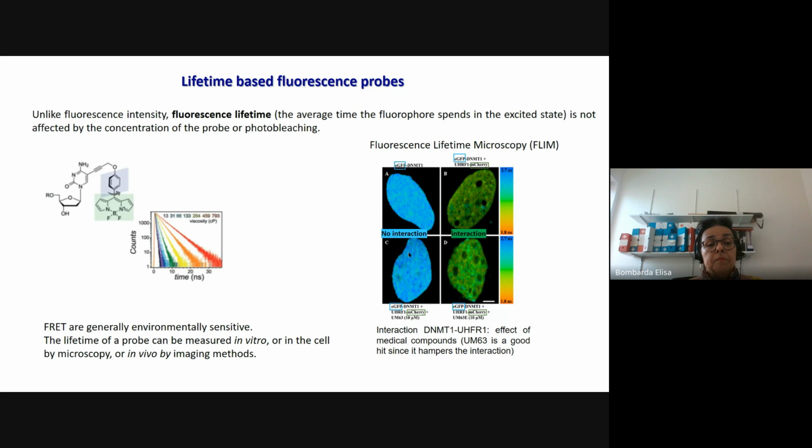For example, here is an example of a molecular motor, and you see how the fluorescence decay gets slower, which means that the fluorescence lifetime gets longer as a function of viscosity.